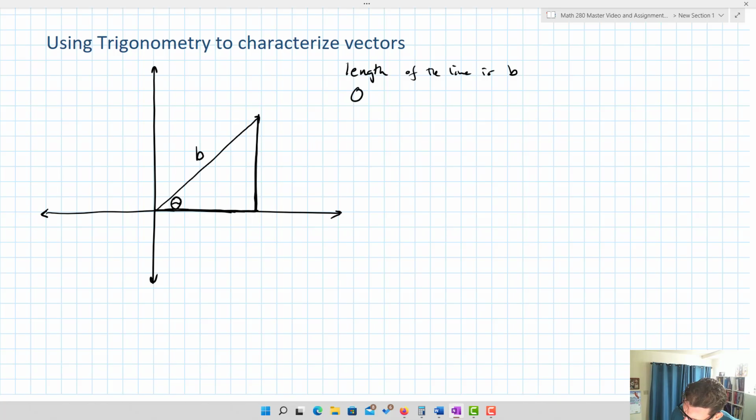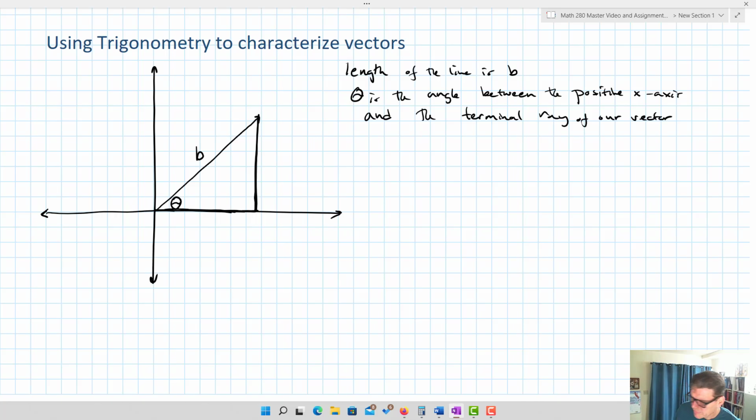So theta is the angle between the positive x-axis and the terminal ray of our vector.